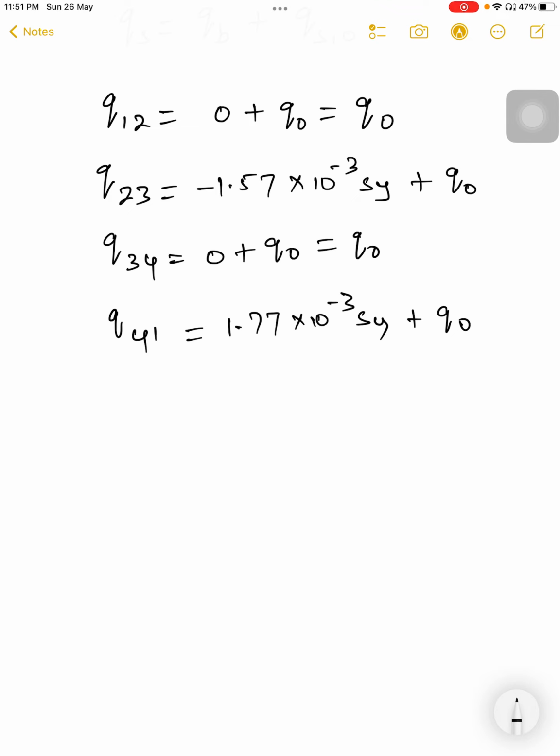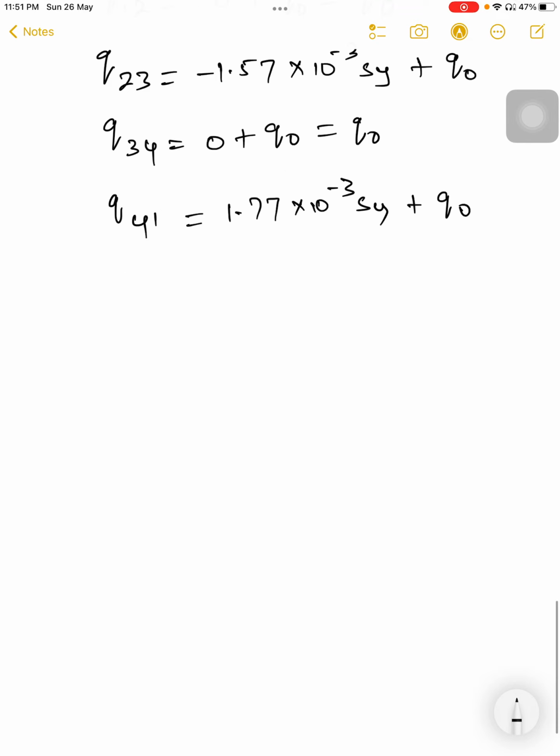So now our ultimate aim is to determine the Q0. So we have to identify Q0 first. For that we use the twist formula which we have seen in the third unit.